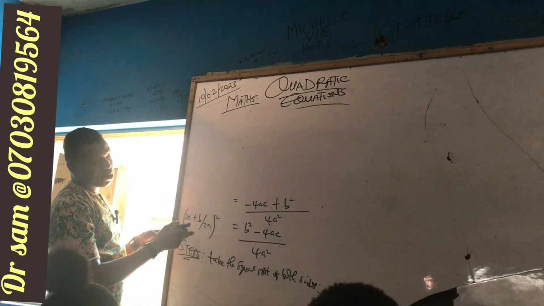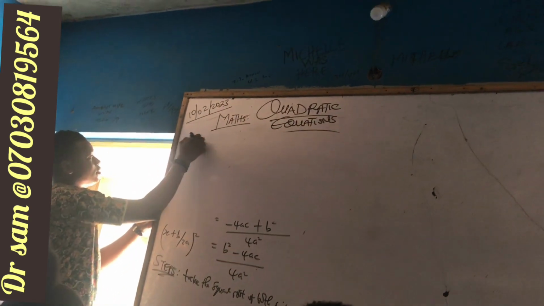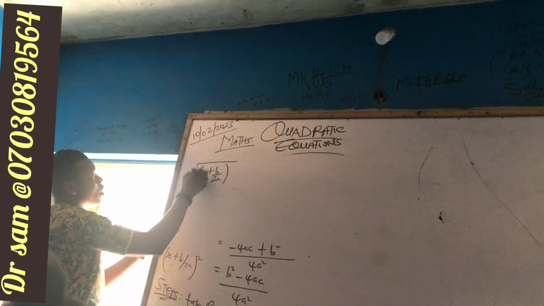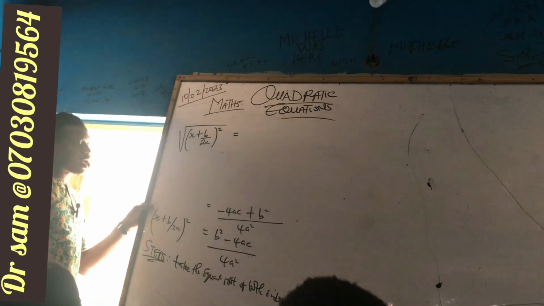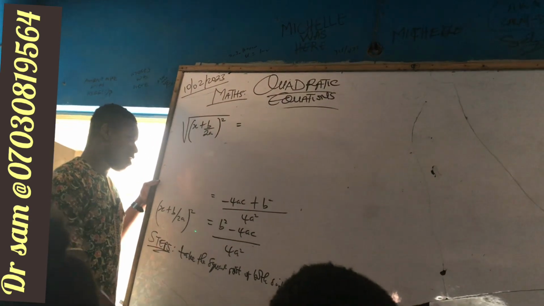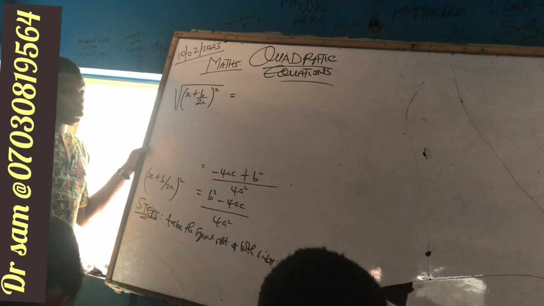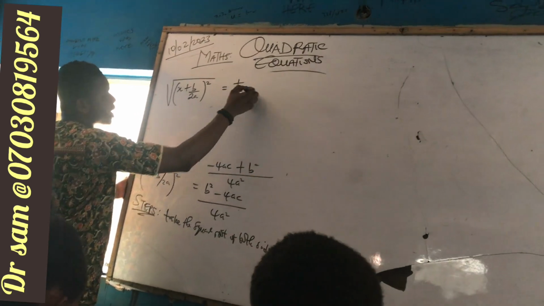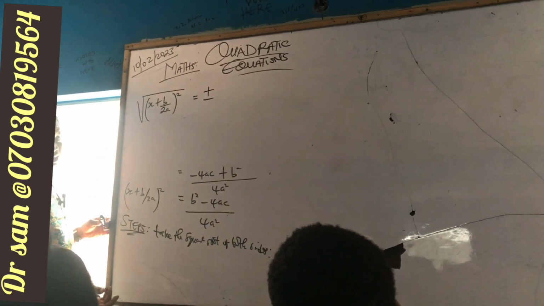So we are taking the square root of both sides of step 4. So this is the square root of x plus b over 2a all squared equal to, mathematically, when you are taking the square root of unknown variables, it can be plus or minus because you don't know what the variable represents.